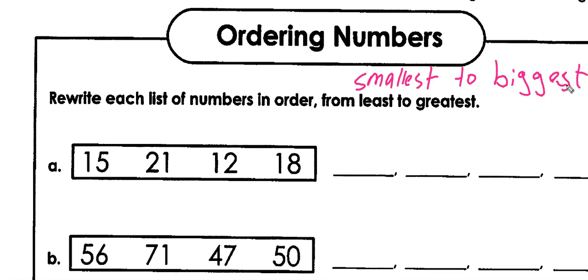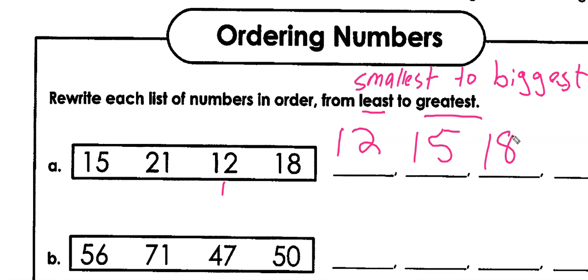That is just what least to greatest means. So in this case, what would be the smallest number? You're right. That would be 12, so that would go first. What would come next? Yep, correct. 15 would come next. And then after 15, either 21 or 18. If you're not sure, just go 15, 16, 17, 18. Oh, 18 comes next. And then obviously, the last one would be 21.